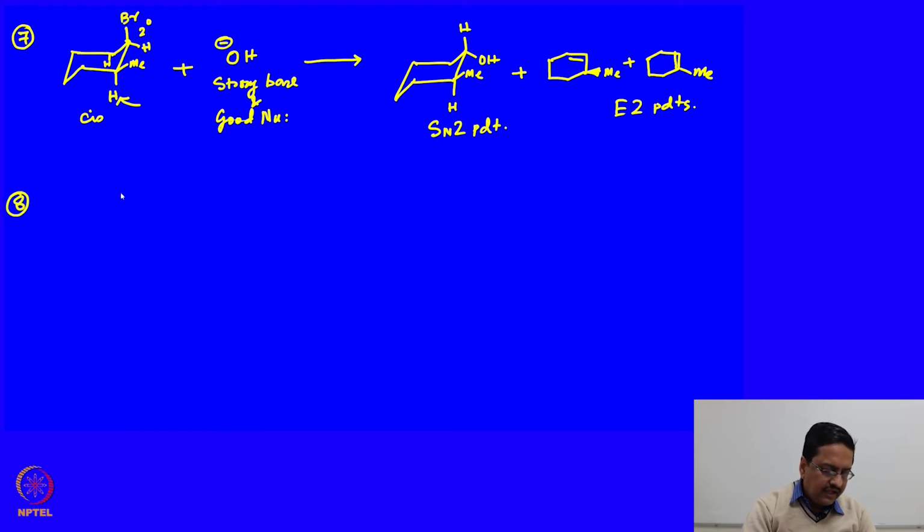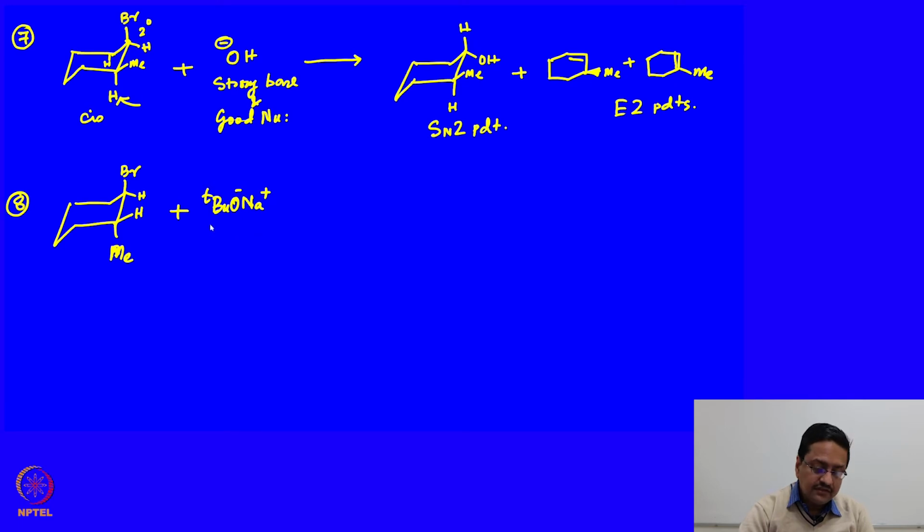So, in reaction 8, suppose if we take the trans isomer of this particular compound with bromine and methyl group at diaxial conditions, and you apply tertiary butoxide as your base. So, it is a very strong base, but it is a poor nucleophile because of its large bulky tertiary butyl group.